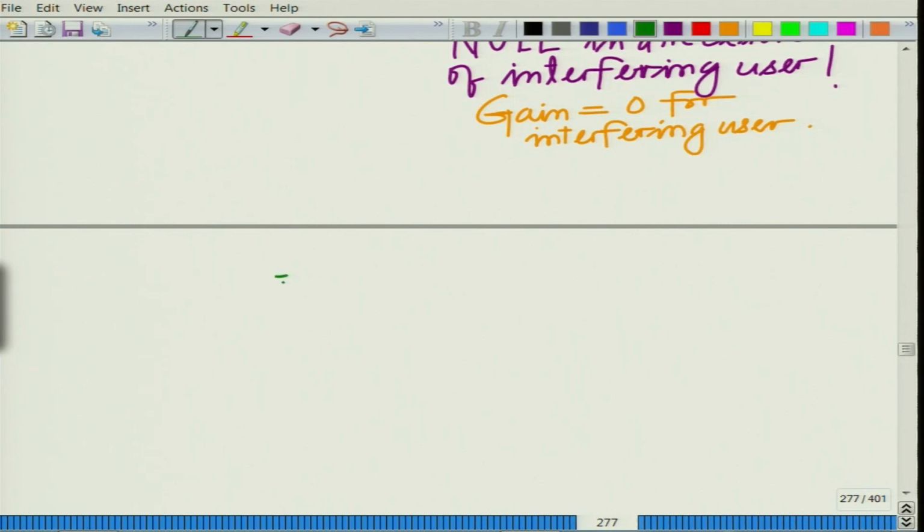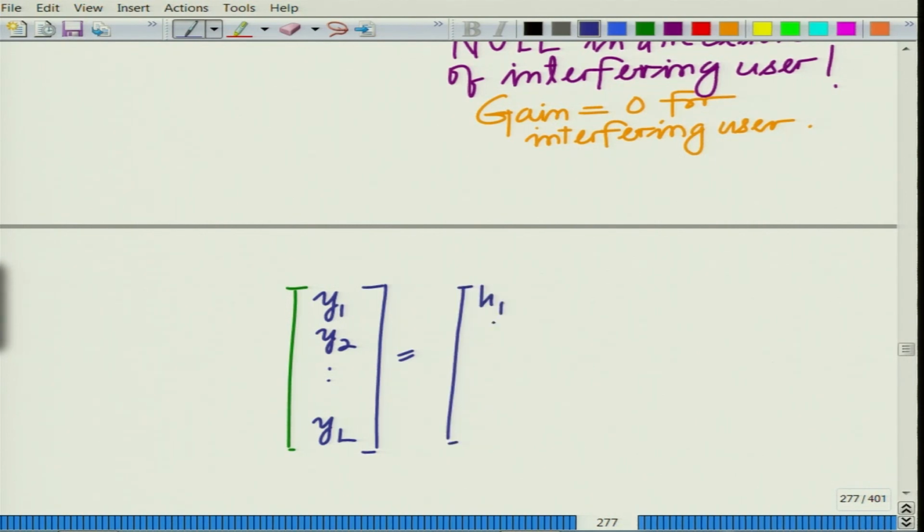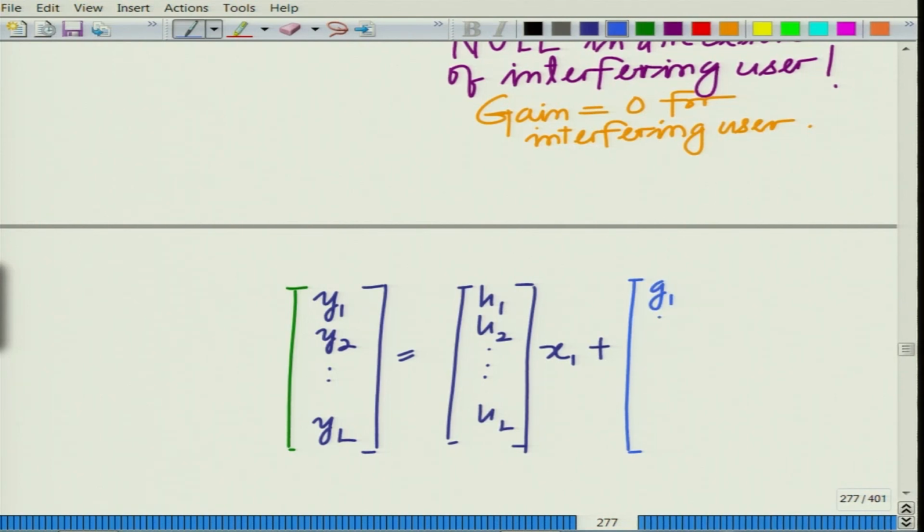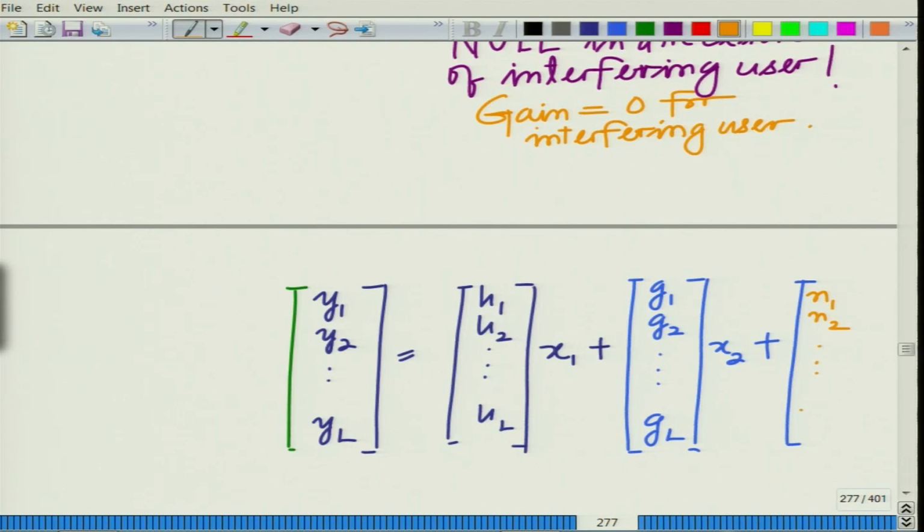Then I can write the system model for this multiple user system as y1, y2, yL, where L is the number of antennas, equals the signal of the desired user, which is the channel coefficients h1, h2, hL times x1, the symbol transmitted by user 1, plus the channel coefficients of the interfering user g1, g2, gL times x2, plus n1, n2, nL, which is the noise vector.